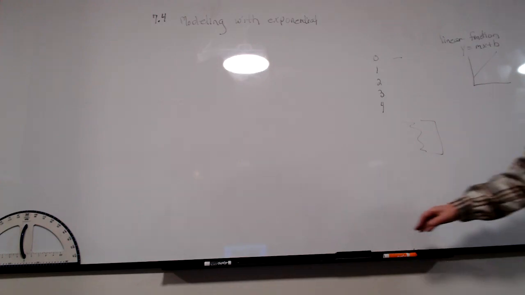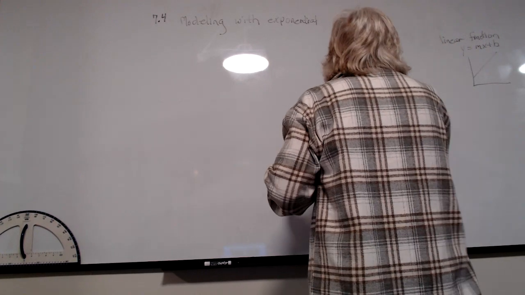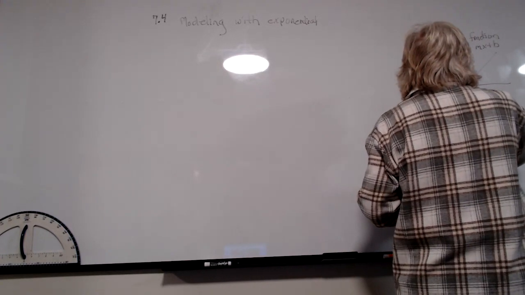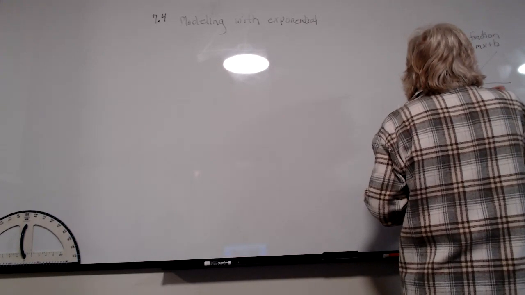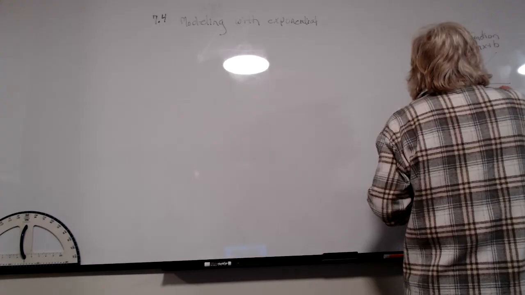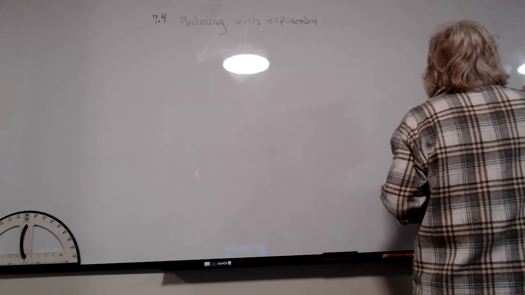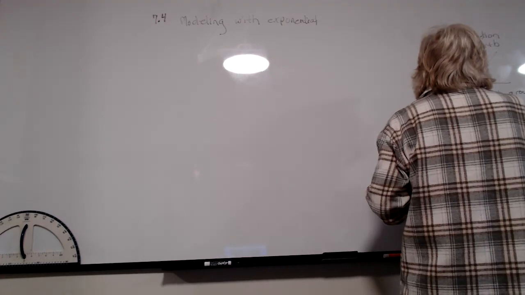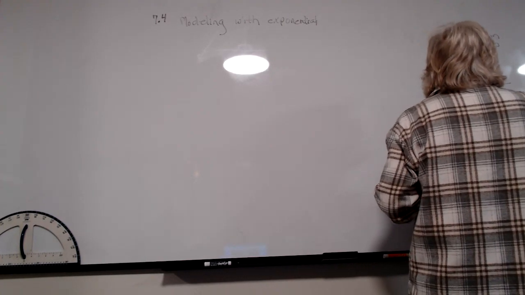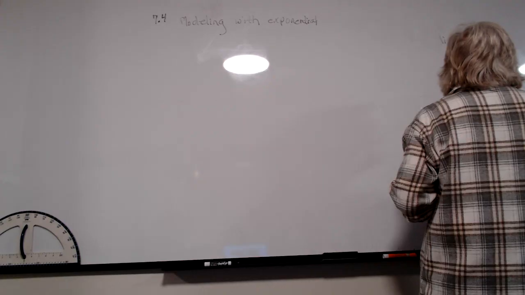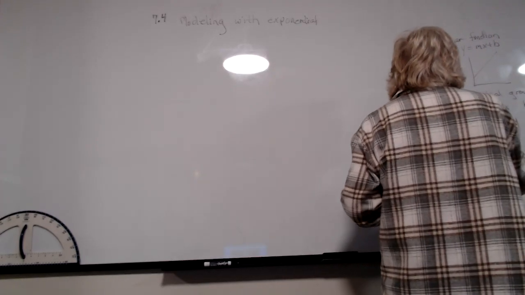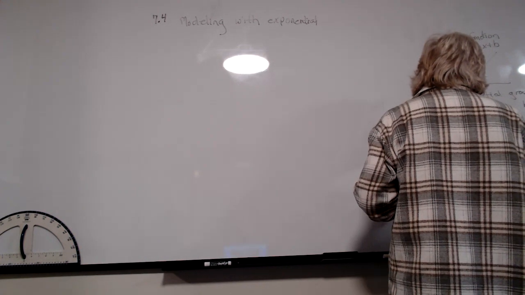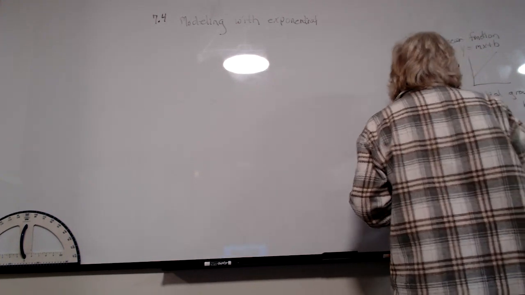Okay. So we have also talked about exponential growth, and an exponential growth is y equals a b to the x, where b is greater than 1. If I were to graph it, it starts out slowly, and then it goes really fast up.